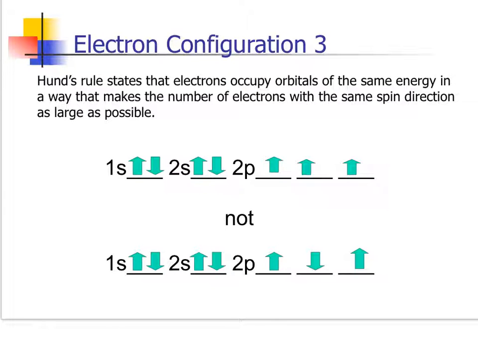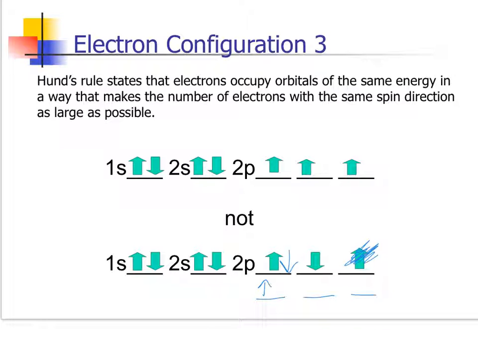Now, Hund's rule says some other parts, in that if you have electrons in the same set of orbitals, you have to spread them out before you pair them. Actually, this image is incorrect. You can't pair them up. If you have space, space them out. It would be the equivalent of saying, if you have rooms in a house, everybody gets their own room, unless we have to pair you up.